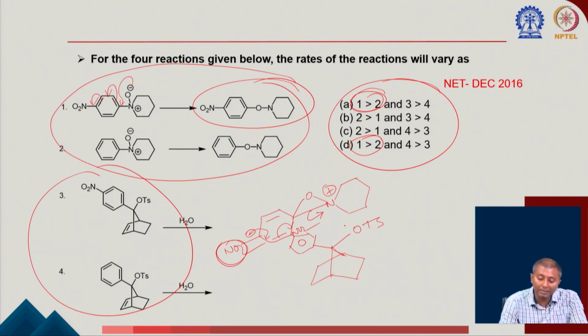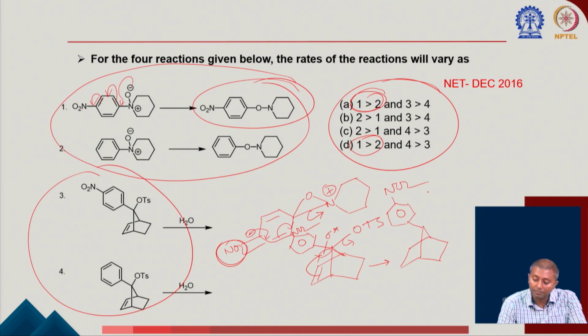So what is happening again, once you have an olefin here, the pi density can give electron density to this corresponding sigma star orbital to get rid of the OTs, so the OTs can leave from here. Once the OTs is gone, you use the pi cloud, so the pi bond is able to generate a bond between here and here.